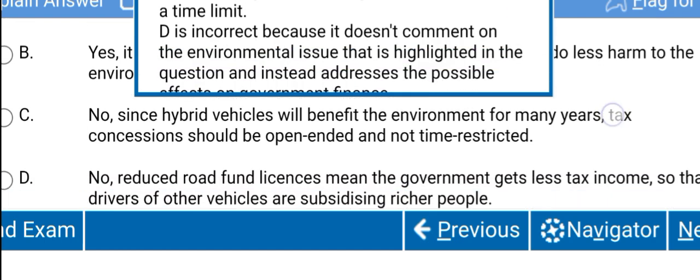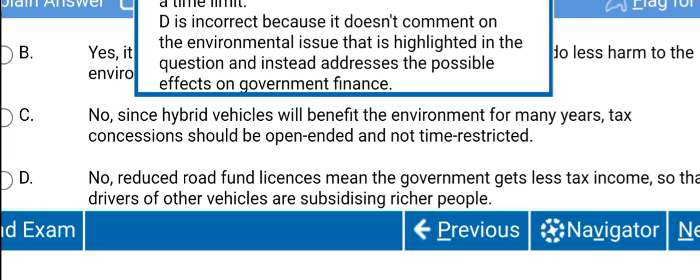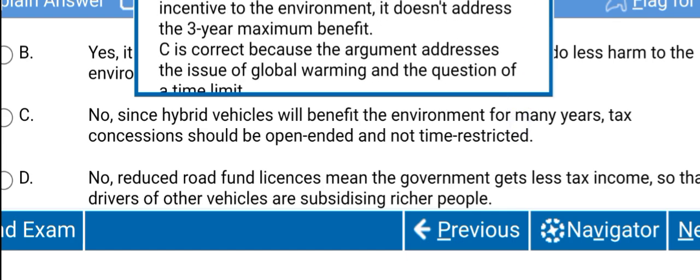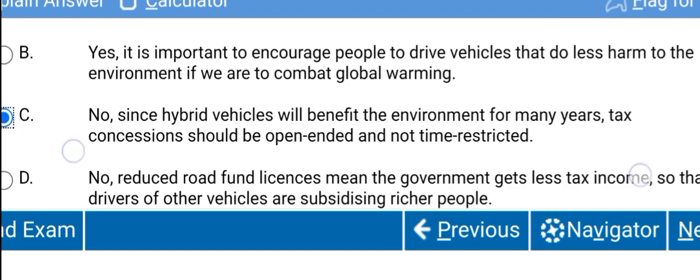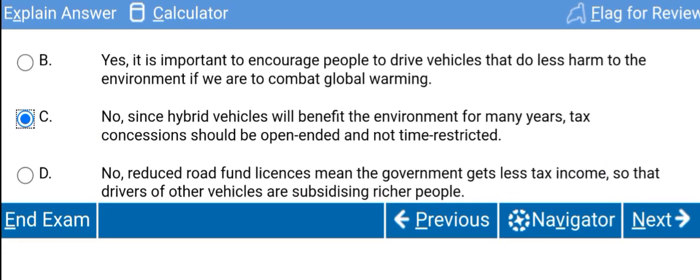Option D is incorrect because it doesn't comment on the environmental issue that is highlighted in the question and instead addresses the public effects on government finance. So here we have option C is correct, which says no, since hybrid vehicles will benefit the environment for many years, tax concessions should be open-ended and not time restricted.